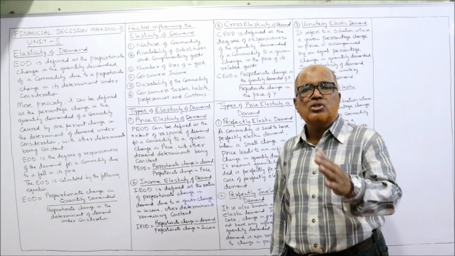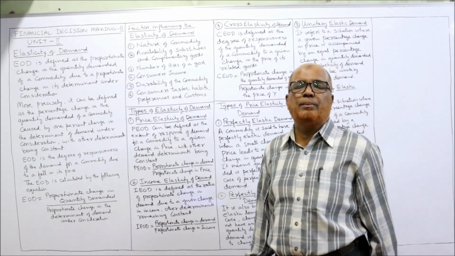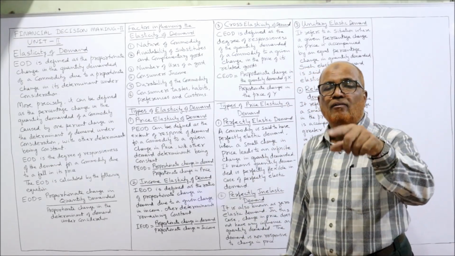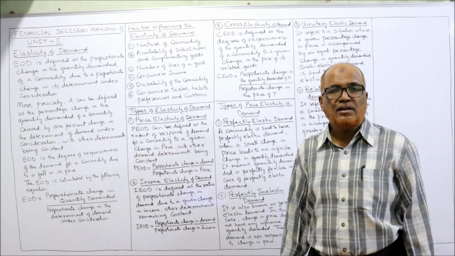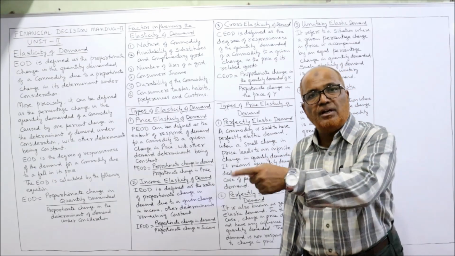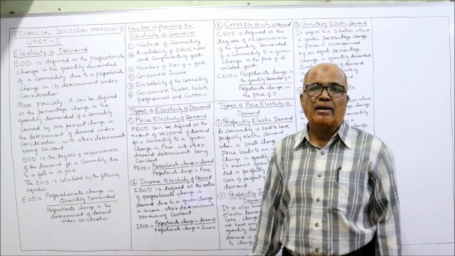Second one is income elasticity of demand. Here we make the relationship between quantity demanded and the income of the people. Because income is also one of the determinants which affects the demand. Suppose the income of the people decreases, it will affect the demand. Suppose the income of the people increases, it will affect the demand.